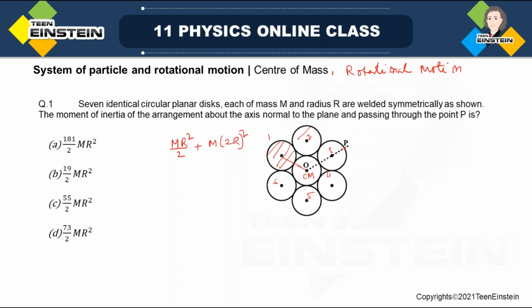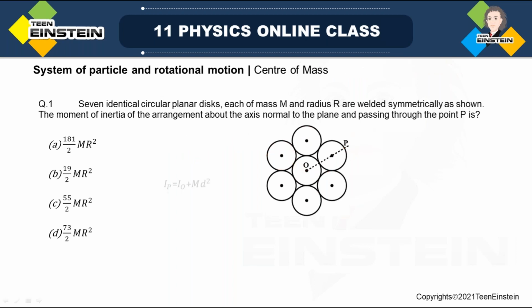Suppose this is 5, this is 4. So there are 6 disks like that. So I can multiply 6 with this to get the moment of inertia of each of them about this center of mass. Okay, I hope you are understanding.